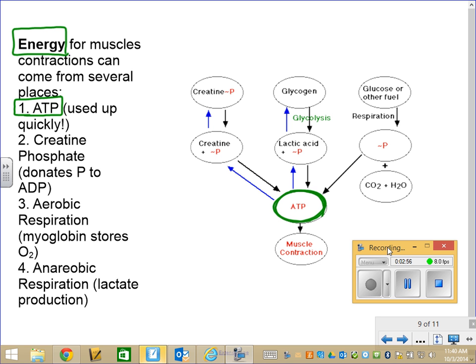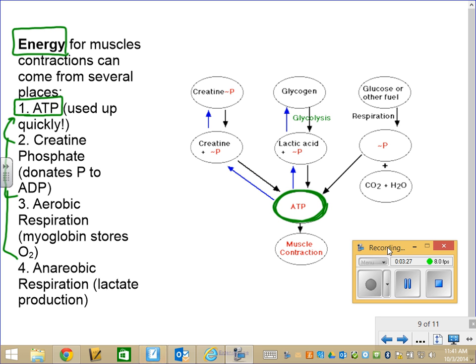You'll notice in my diagram, ATP is what leads to muscle contraction. You need ATP to make your muscles contract because it causes the myosin head to let go of actin. Now, all of the other sources are ways that I can get more ATP. On the chart, you see that everything leads to ATP.